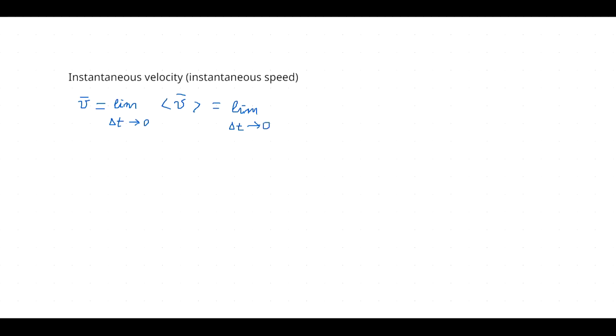The limit, as delta t tends to zero, of r, the radius vector at the moment in time t plus delta t, where delta t is the time increase, minus r at the moment in time t, divided by delta t.